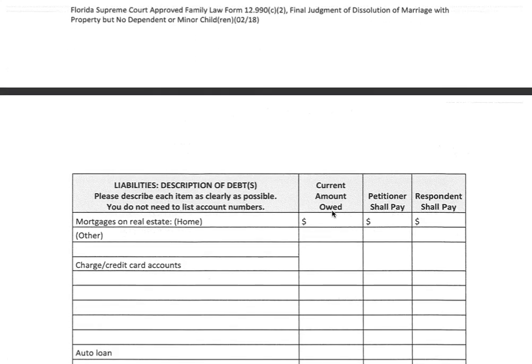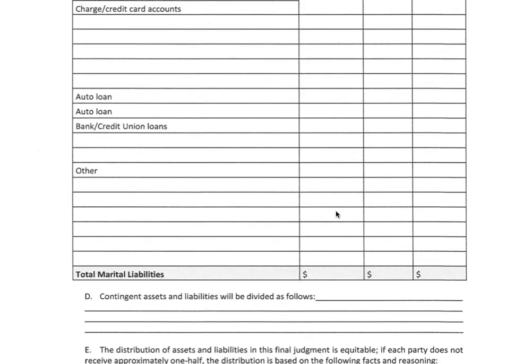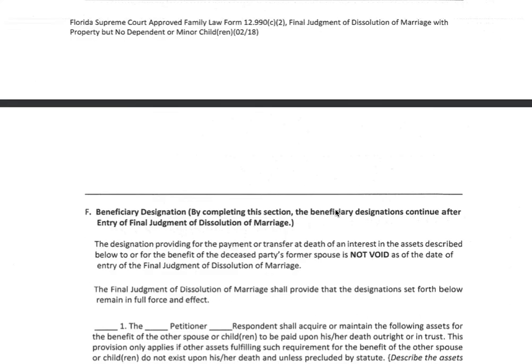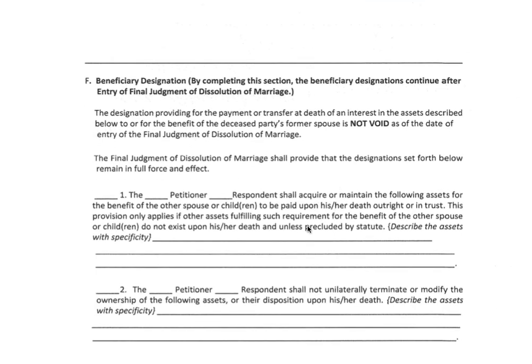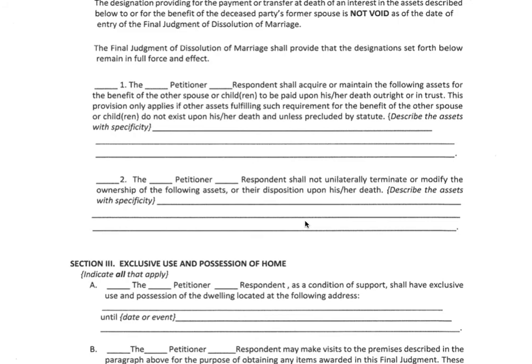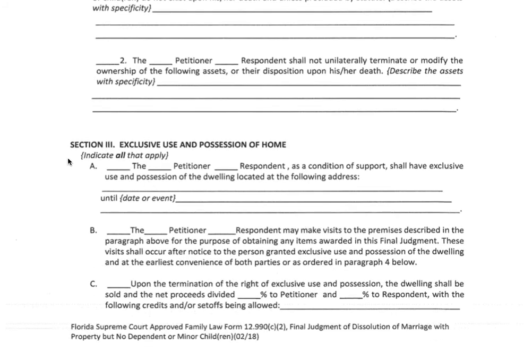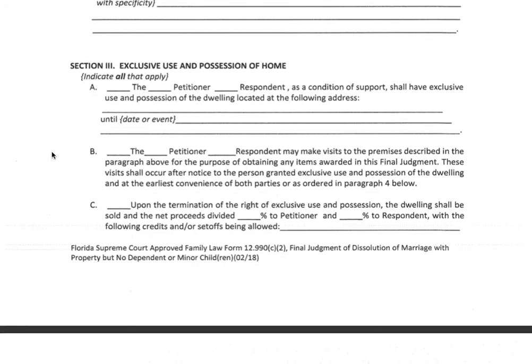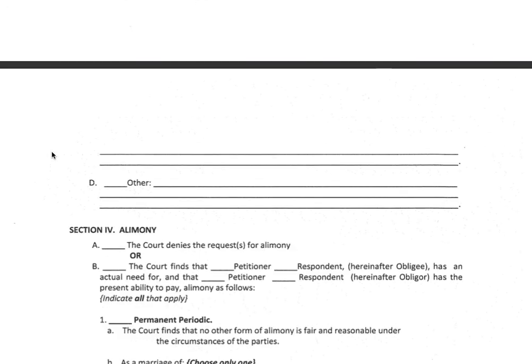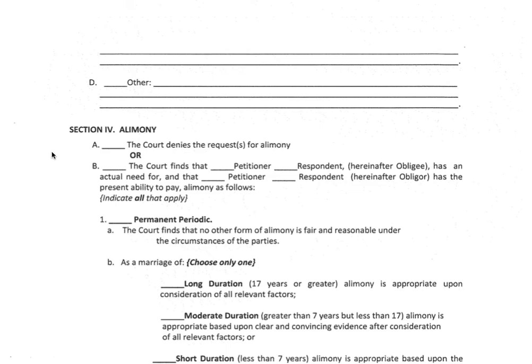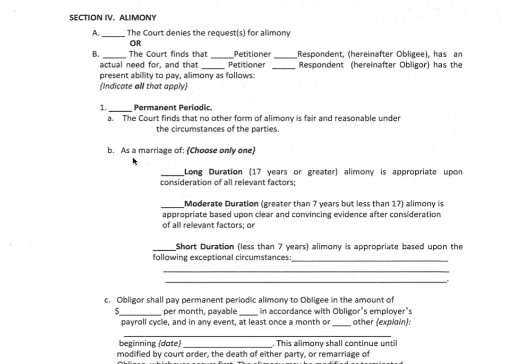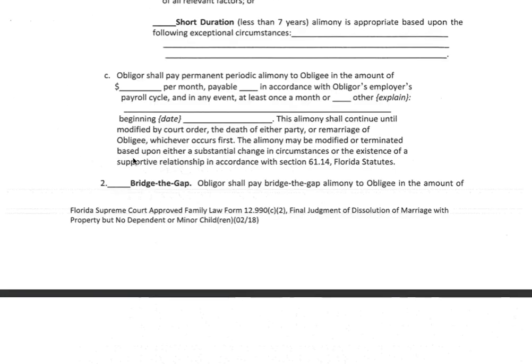So here, liabilities, the petitioner shall pay, respondent shall pay, and he or she will go over each of the assets and liabilities, and whether there's going to be any beneficiaries and who gets the home. Especially if there's a home, then the court can decide whether you're going to sell the home or keep it together. And then alimony, what type of alimony you're going to get and who pays what and for how long.